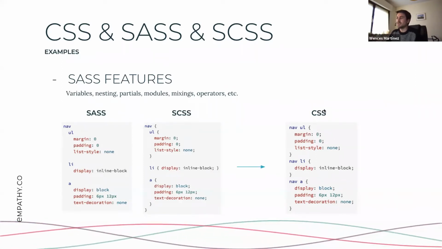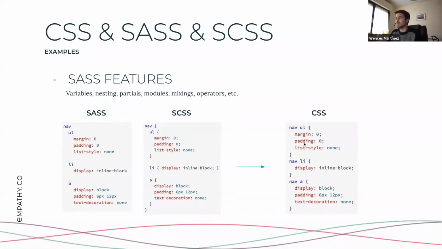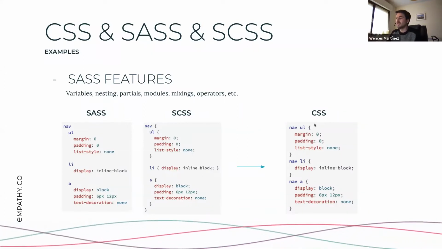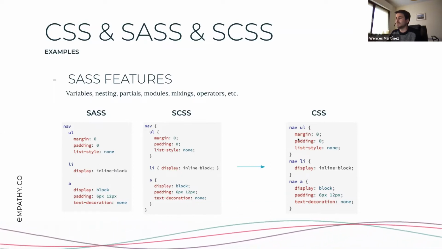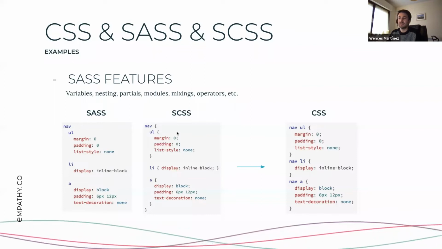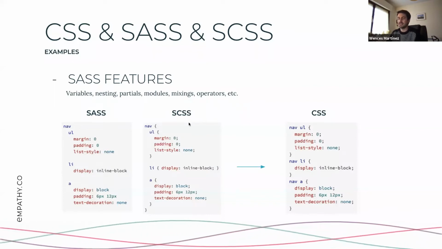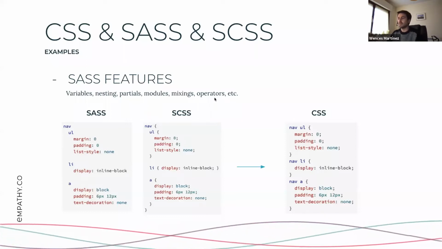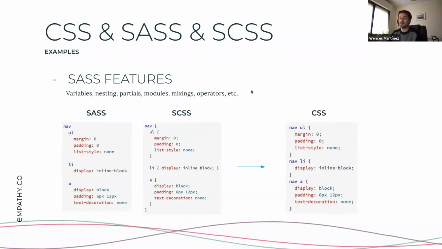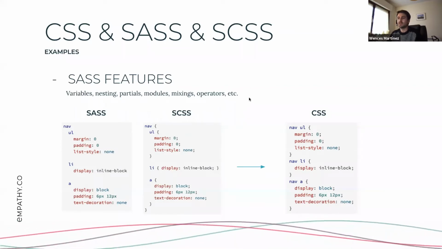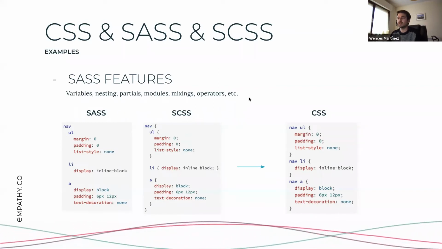Meanwhile, in regular CSS, you have to declare an item each time you want to get it. So SCSS and SAS are more reusable and more readable, and your code will be better. So this was an example of indentation.